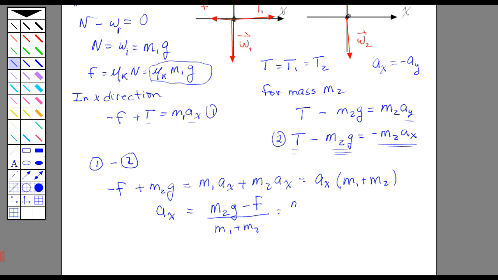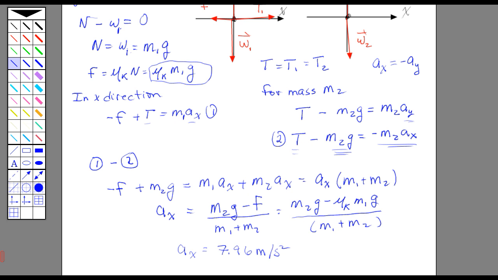So we have M2 g minus mu k M1 g, divided by M1 plus M2. Plugging in the appropriate values, you should find that a_x is 7.96 meters per second squared.